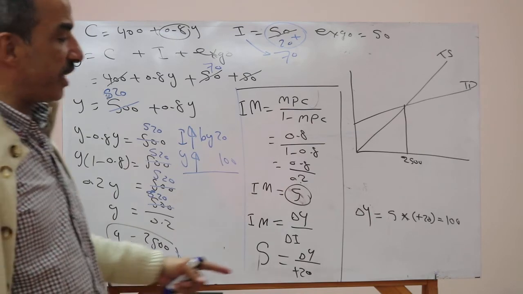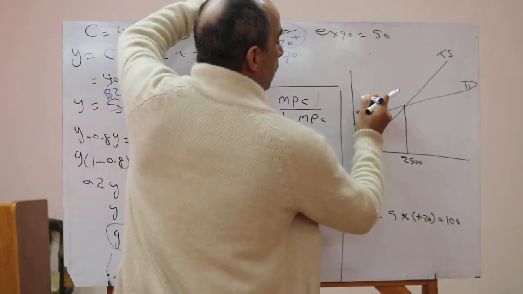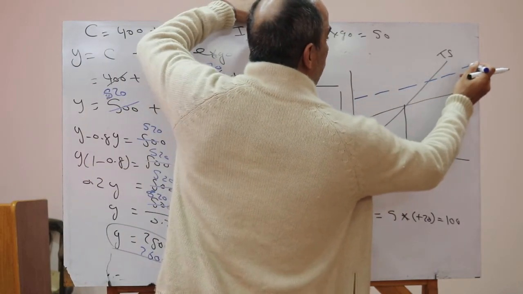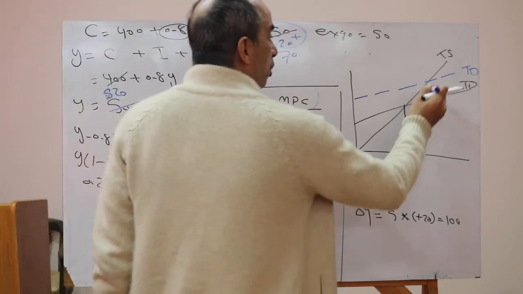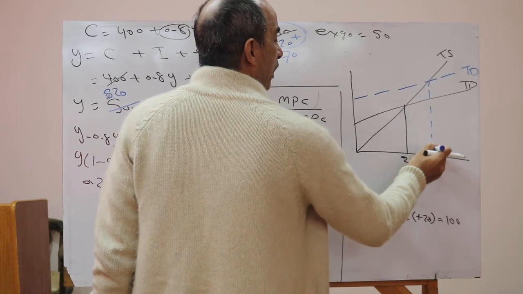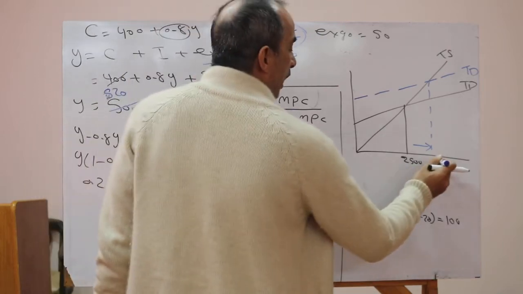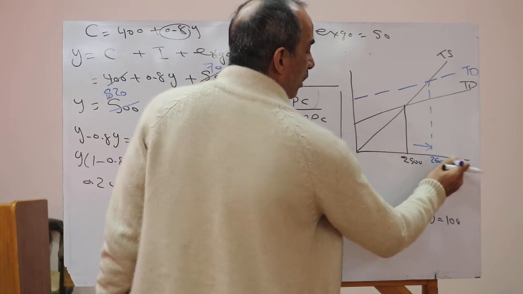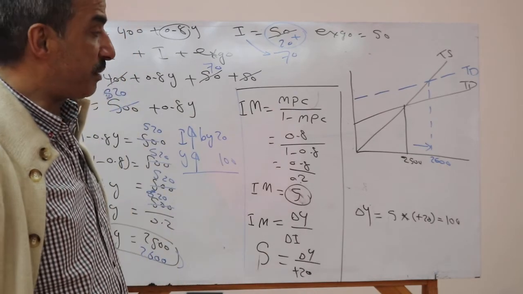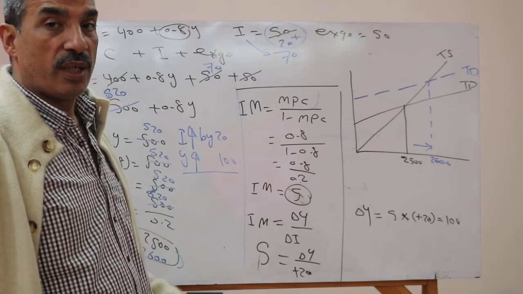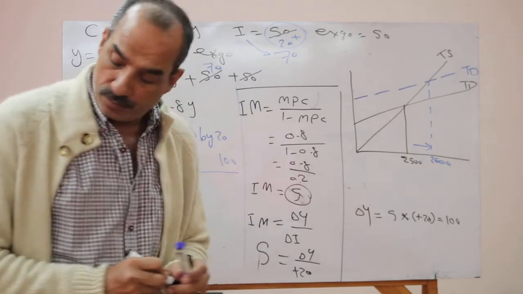When the investment increased, the total demand must be increased, meaning the total demand function must move to cut total supply at a new point, and the national income must increase from 2,500 to 2,600. Okay.